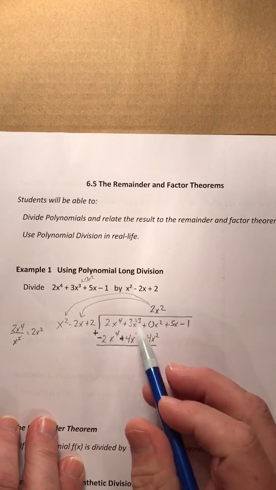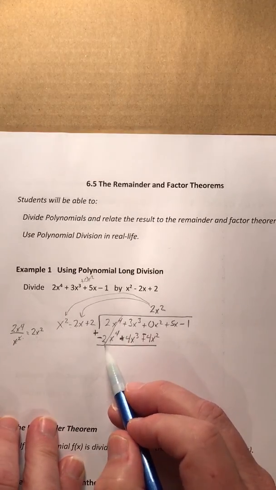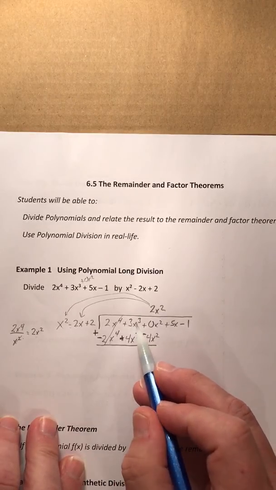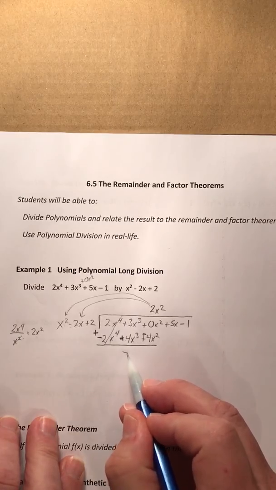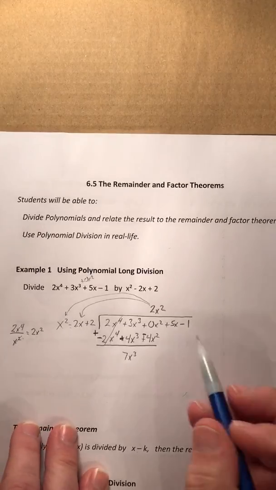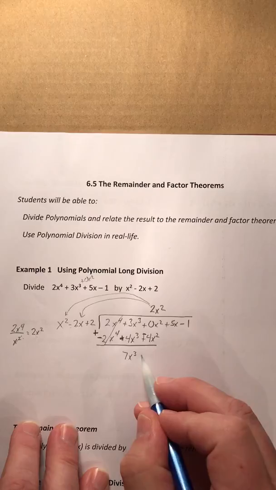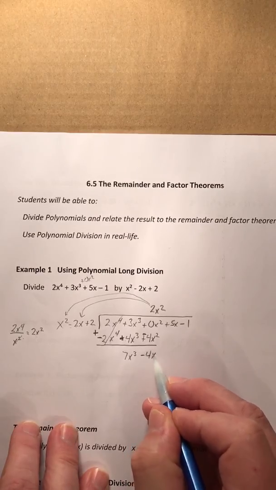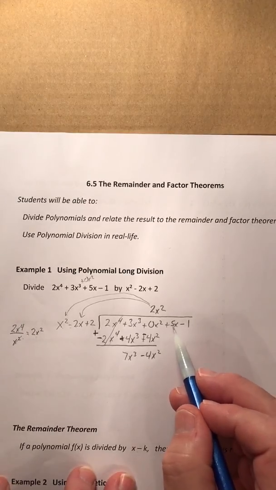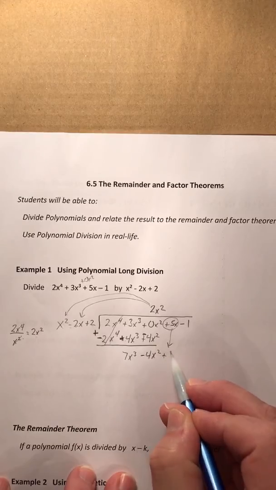Now we just follow the rules for addition. 2x to the fourth plus a negative 2x to the fourth cancel out. 3x to the third plus 4x to the third gives us 7x to the third. Then 0x squared plus a negative 4x squared gives us a negative 4x squared. And then just like long division, we drop this one down, so it's plus 5x.